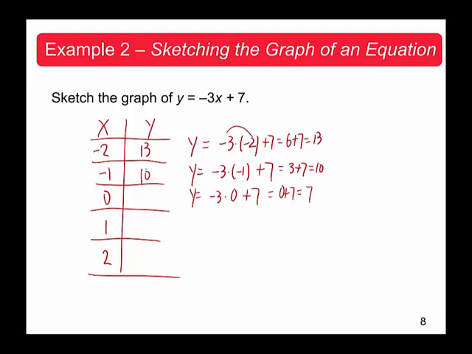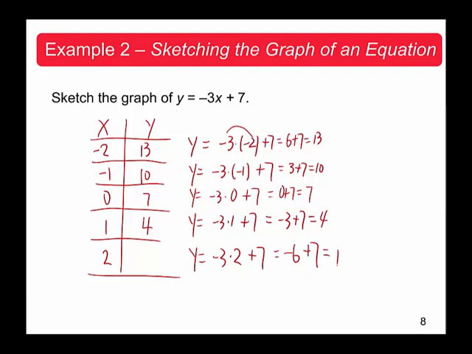Fourth ordered pair, -3 times 1, adding 7. So -3 plus 7 turns out to be 4. And the last ordered pair, y equals -3 times 2 plus 7, which is -6 plus 7, and that is 1.